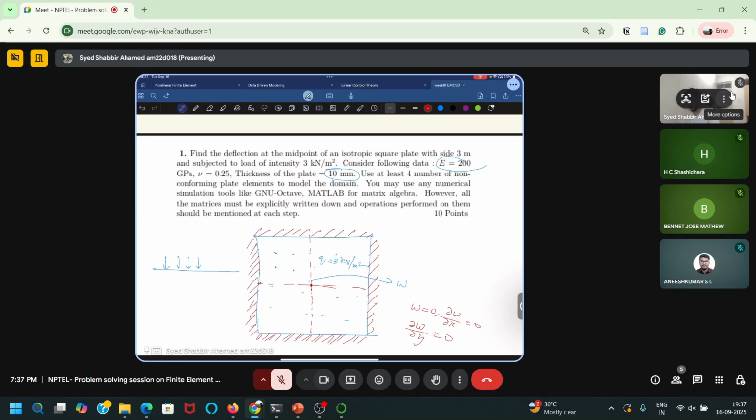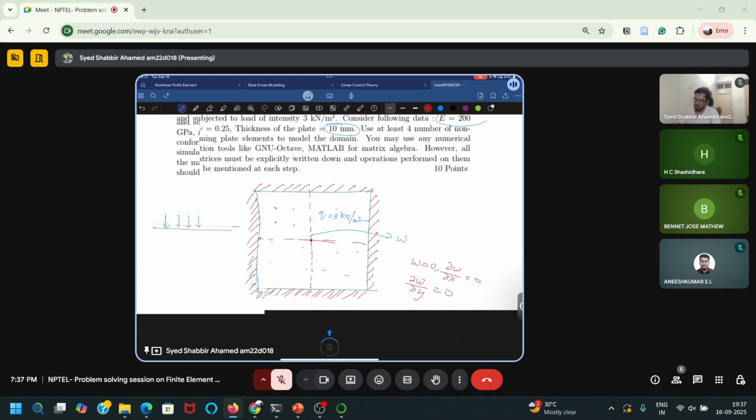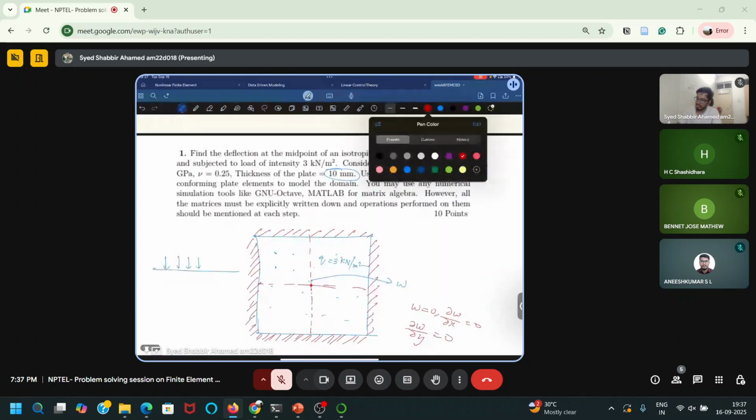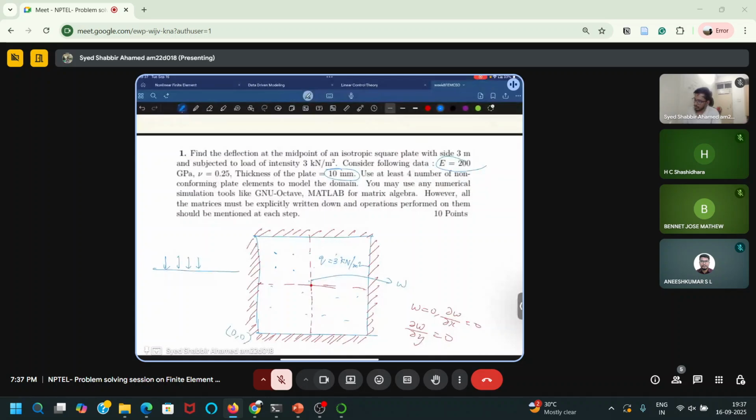So here, I can take this point as 0, 0. I'll start from this and take this as 0, 0. And this is 0, 1.5, because my plate has a dimension of 3 cross 3. So I will take these points 1.5, 0 and 3, 0.